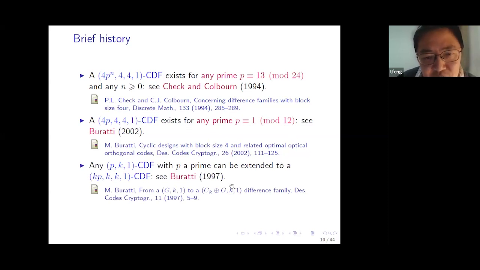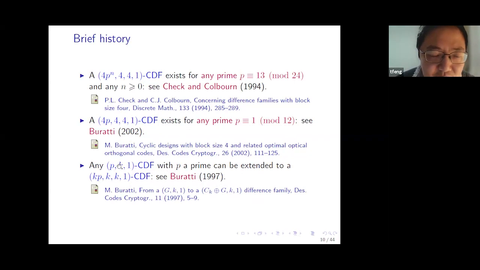In the second reference, as you see on this page, the approach Buratti used is a direct construction. I mean, he lists all the base blocks. And actually, in 1997, Buratti gave a recursive construction. It says if there is a (p,k,1) CDF with p prime, then there is a (kp,k,1) CDF.